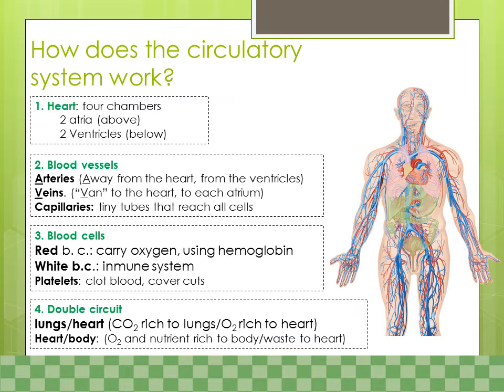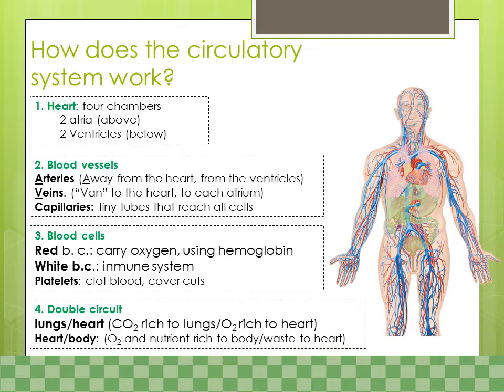Okay, so in the drawing, in the figure, you can see how complex the circulatory system is. We actually have, as you can see here in section number 4, a double circuit. Between the lungs and the heart, you have a system of blood vessels. You have blood vessels that take the CO2 rich blood to the lungs, and they return the oxygenated blood to the heart.